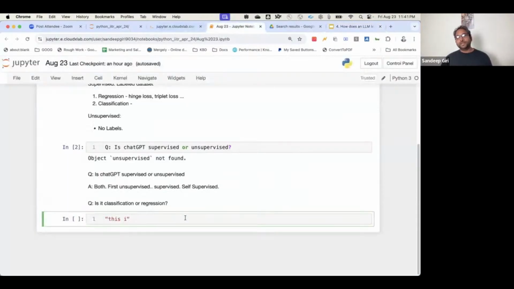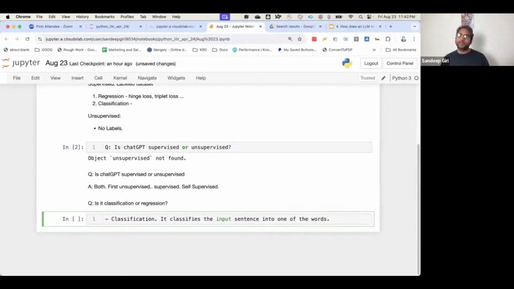Now, question to all of you. ChatGPT is a classification. Why? It classifies the input sentence into one of the words.